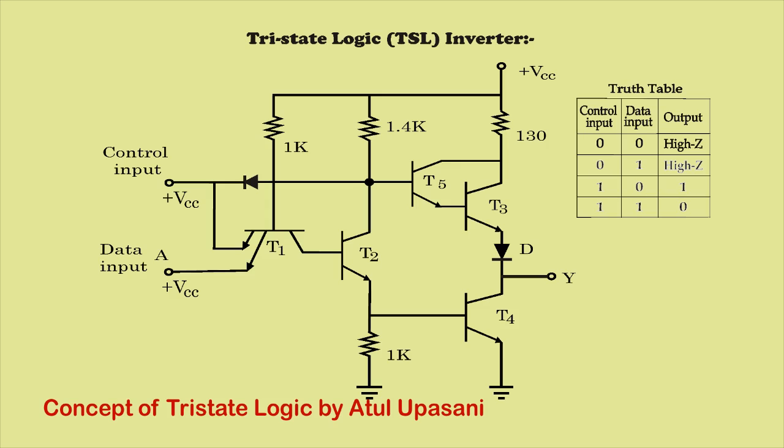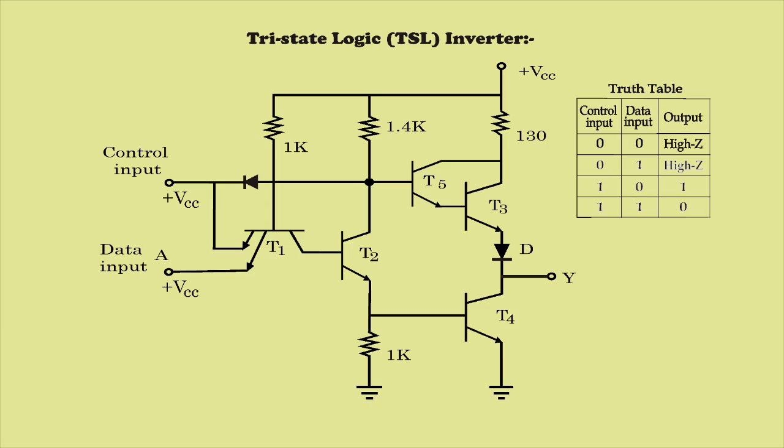The control input is connected to logic 1, that means the drive is removed right now. So T5 can be turned on or off depending on the collector condition of T2. The data input is right now connected to plus VCC. That means both the emitters of transistor T1 are connected to plus VCC.